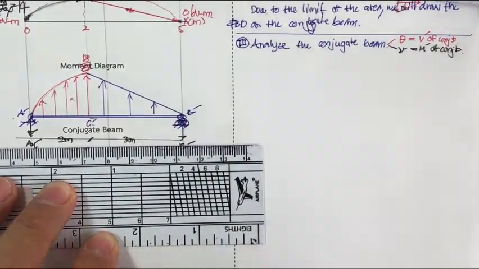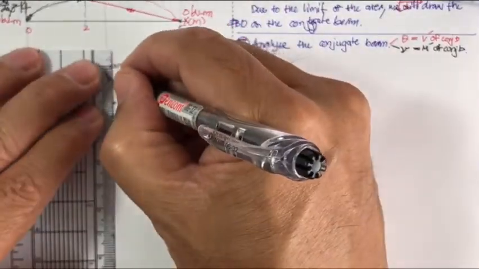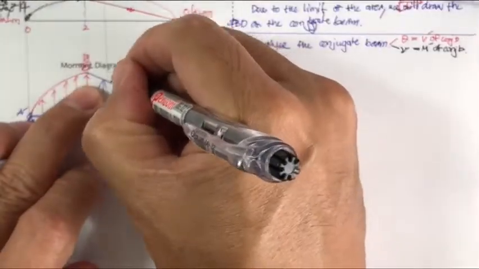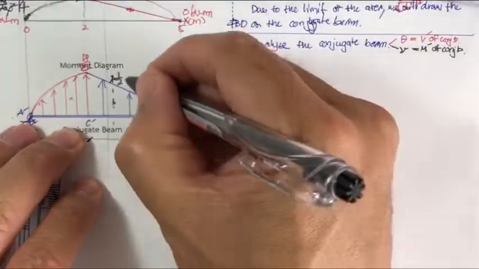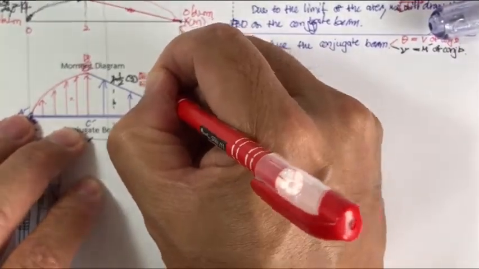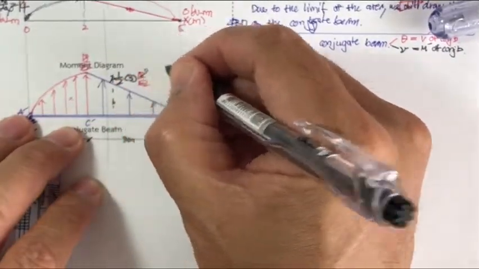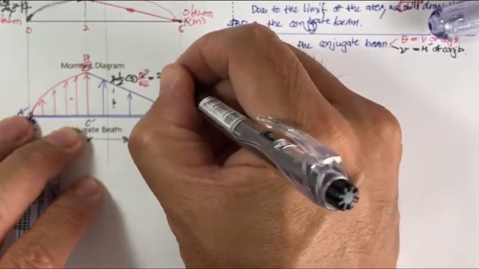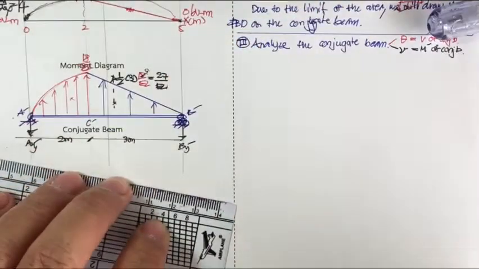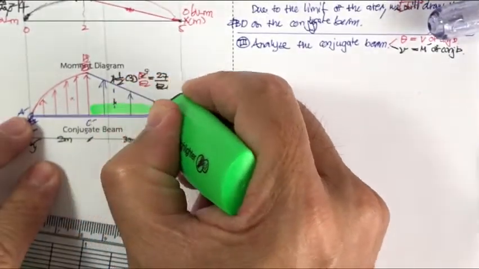We can determine the resultant of the triangular area easily, because it's going to be 1/2 of 3 times 18 divided by EI. So what is it going to be? 9 times 3 is 27. So this is going to be 27 divided by EI. Okay, this is for this triangular area.